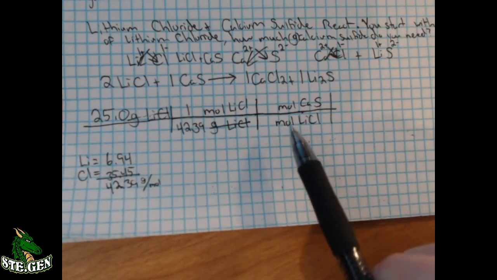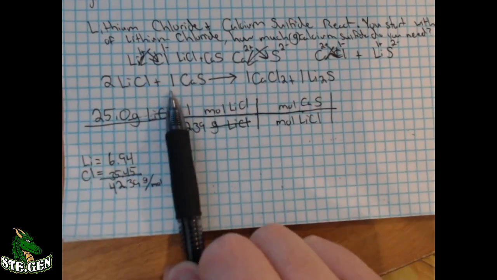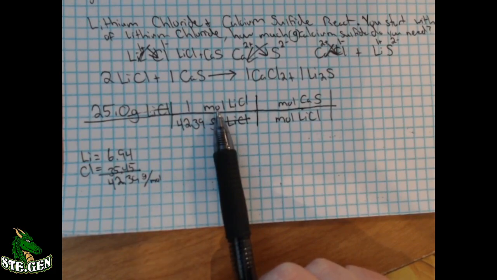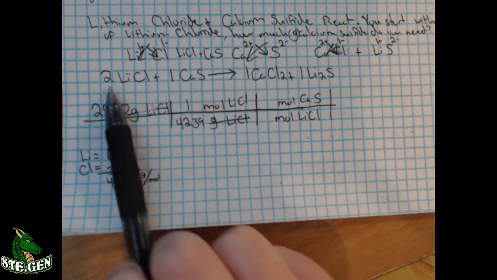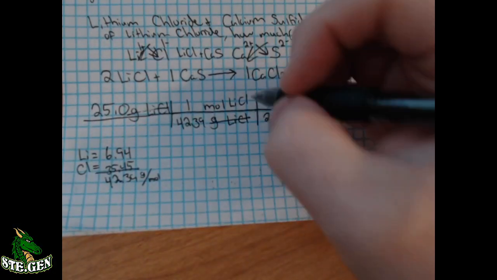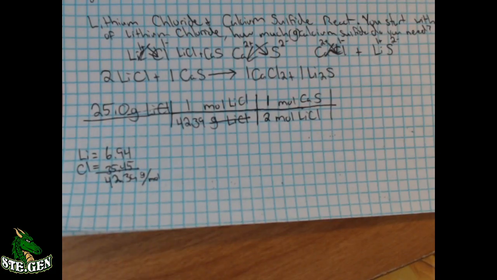This time, this number right here, this mole to mole ratio, is given to you by the problem. We now have to say, okay, well, we've got this many moles of lithium chloride. We also know that for every 2 moles of lithium chloride, we will use in that reaction 1 mole of calcium sulfide.